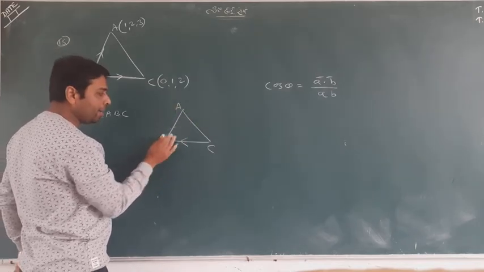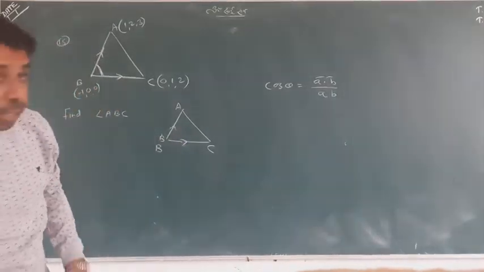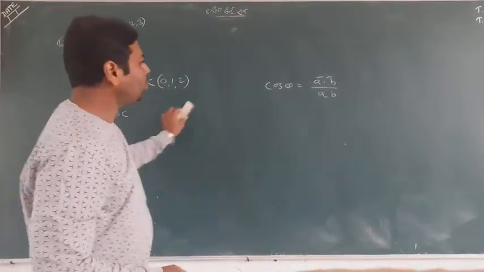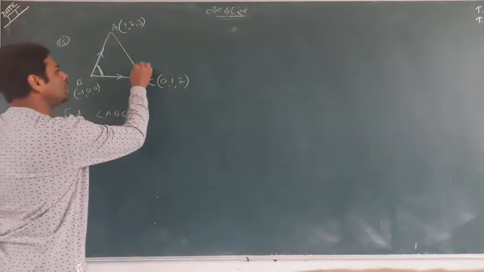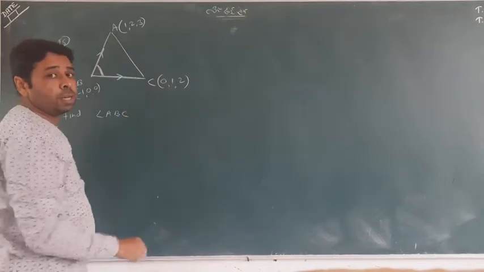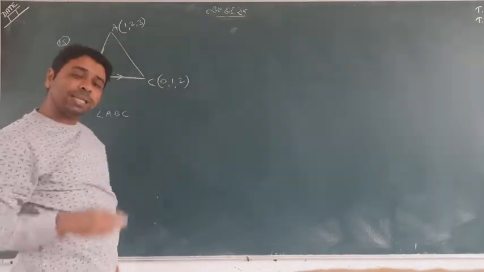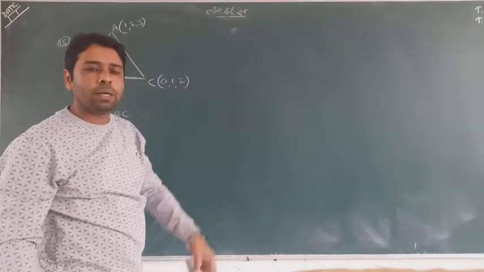But I am making BA and BC. So first of all, students, when you want to find the angle C, you need two vectors CB, CA. If you want to find angle A, you need two vectors AB, AC. And then you can find the angle by this formula.